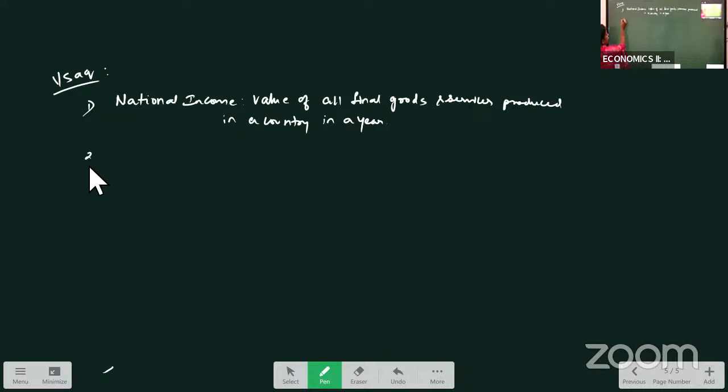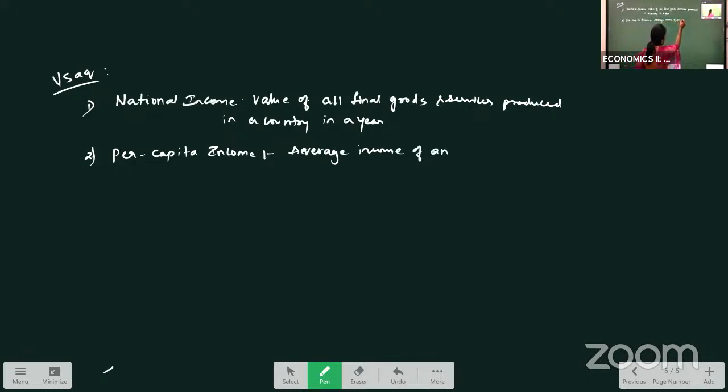Second question you have, per capita income. What is per capita income? Per capita income is the average income of an individual. How do we calculate the average income of an individual? Per capita income is equal to national income divided by total population.